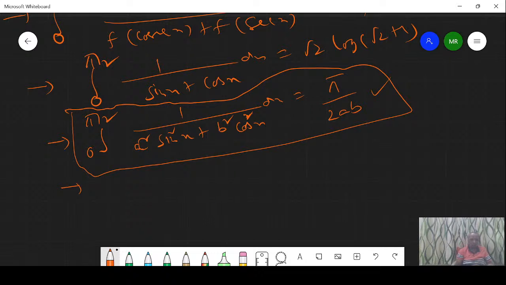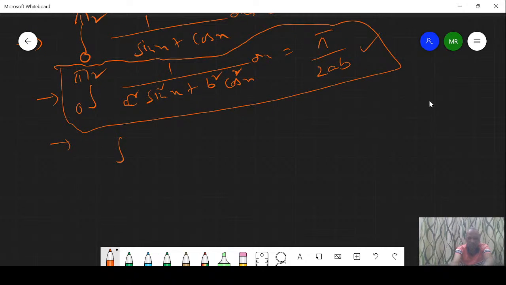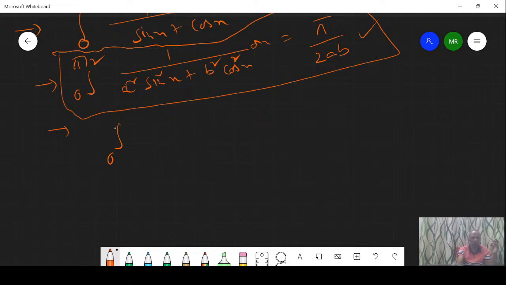Suppose they give the integral from 0 to pi, x by a square sin square x plus b square cos square x dx.